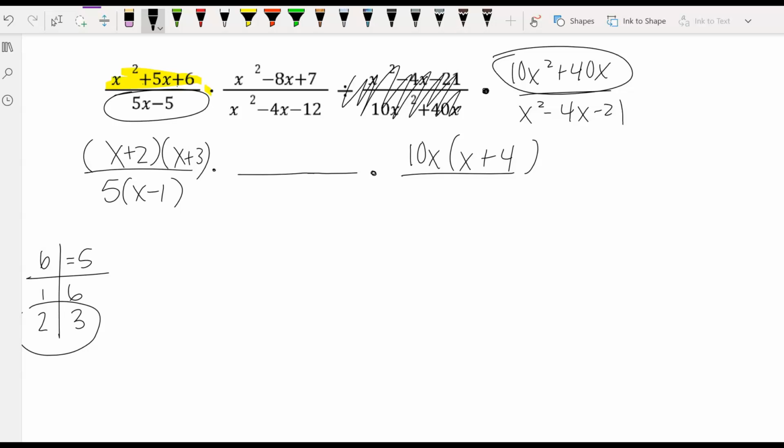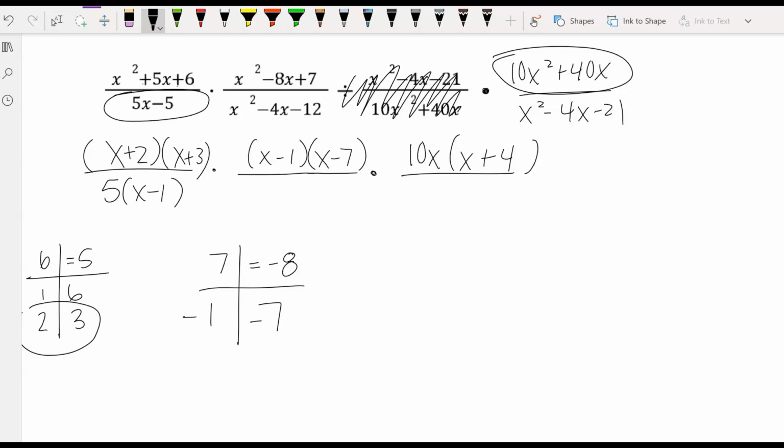All right, moving on to our next set. So 7 to make negative 8. So we have 1 and 7. It's a negative, positive. So negatives on those. So (x - 1)(x - 7).